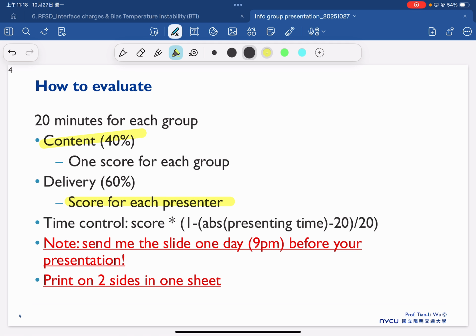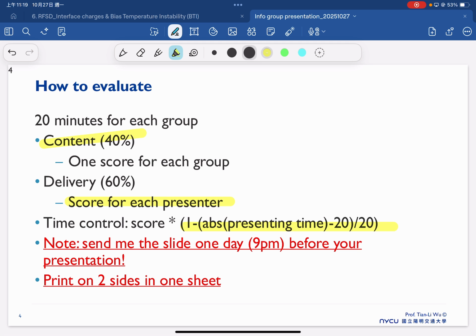And also very important is the time control, because I don't want the presentation too short or too long. Too long, I lose my patience, everyone loses patience. Too short means that you did not work hard enough. So the score will be considered like this. There is a certain reduction.